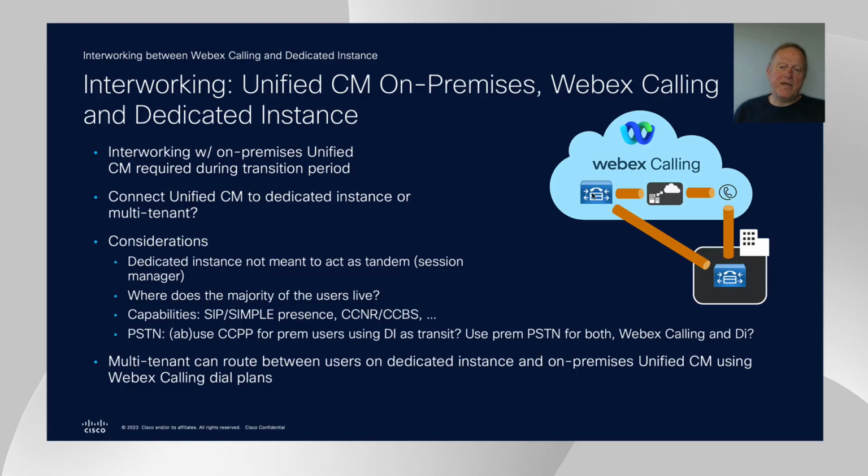Right? Another scenario is if you basically use or abuse Webex calling dedicated instance as a transit for your on-premises users, then technically what you could do is you could use Cloud PSTN, a cloud-connected PSTN provider, for users that, for Webex calling multi-tenant, seem to live on DI, but which are technically actually on premises, right? So basically what I'm saying is a user down here on Communications Manager on premises could place a PSTN call.